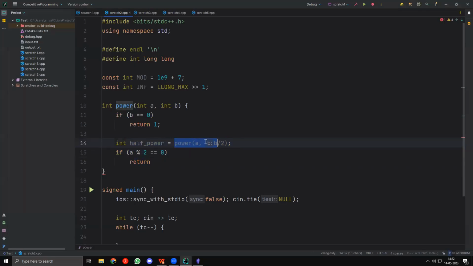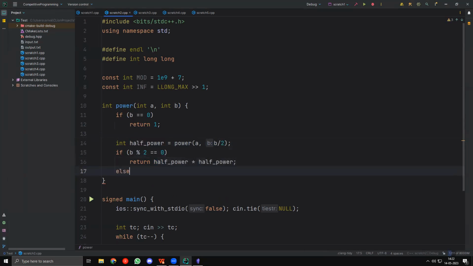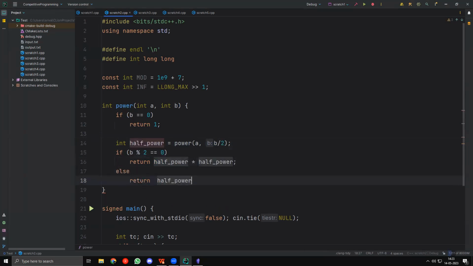So half power equal to power of a comma b by 2. Now, if b modulo 2 is equal to 0, I'll just return half power times half power. That's it. Otherwise, I will return half power times half power times a, right?